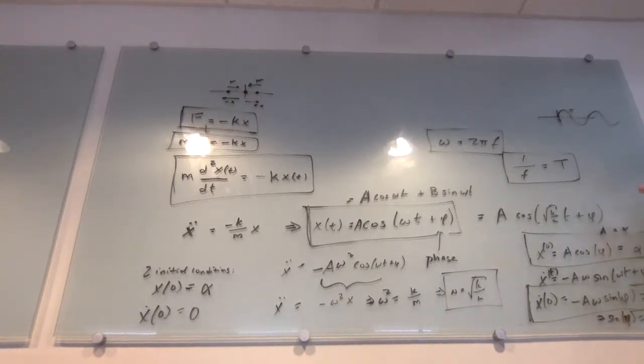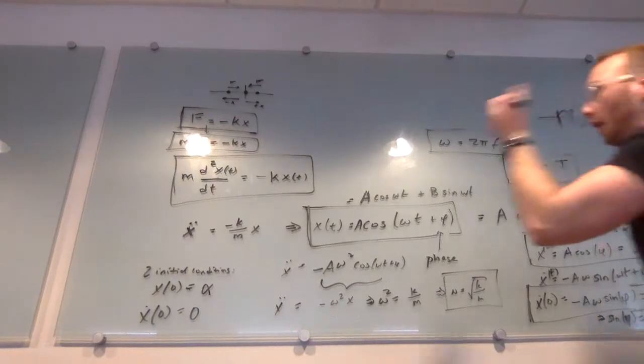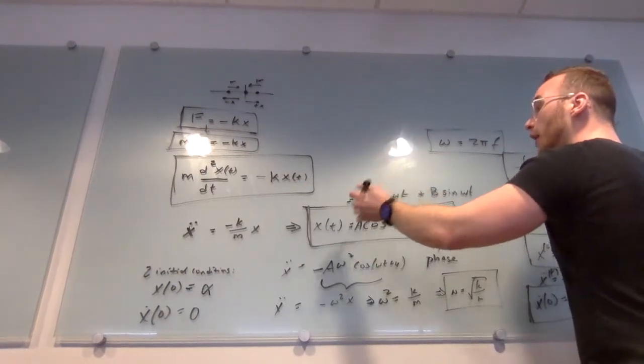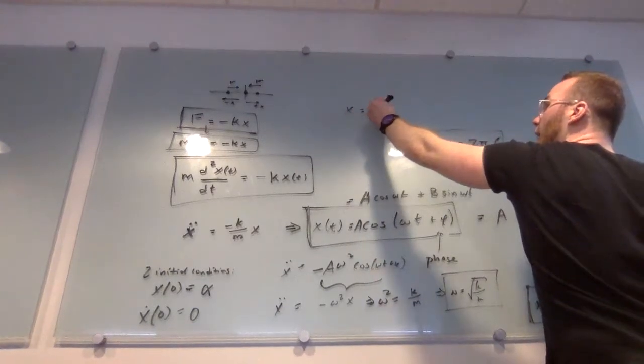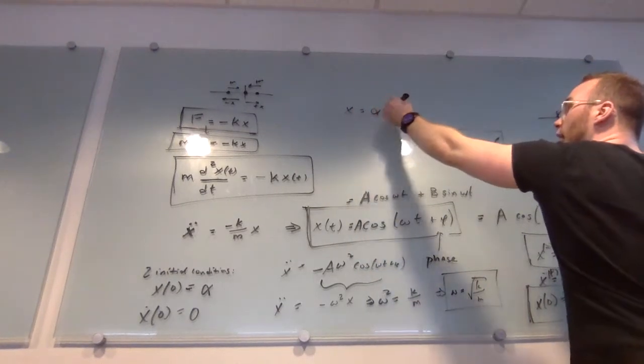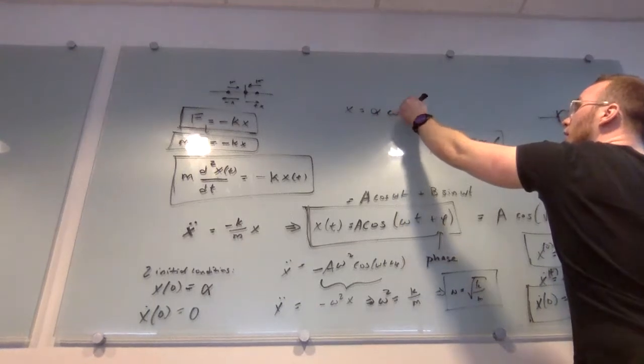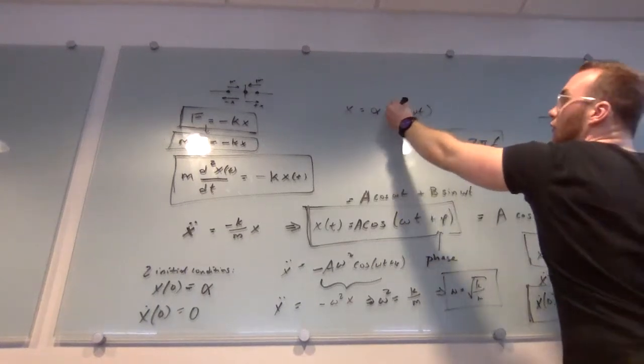Again, these are waves, they're very symmetric, they have all these symmetries, and if you flip them, they have even more. So of course there might be many solutions, but we're going to pick one because we have to plug in stuff. So we get x is alpha, and I'm going to use the first one, alpha cosine omega t plus 0.